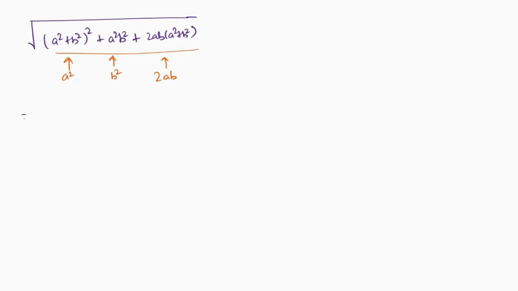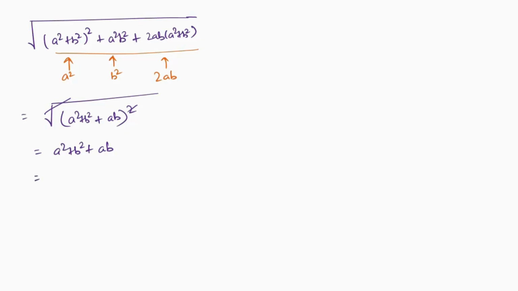Applying the formula of (a plus b) whole square, we get (a square plus b square plus ab) whole square. Now the square root and this square cancel out. We get a square plus b square plus ab.